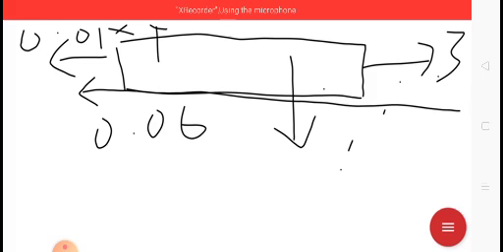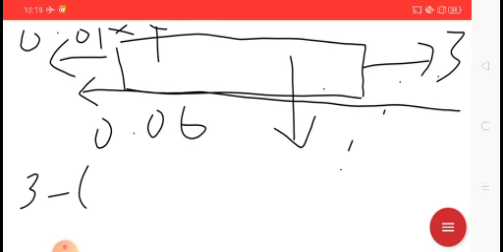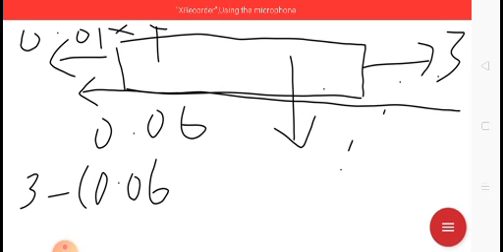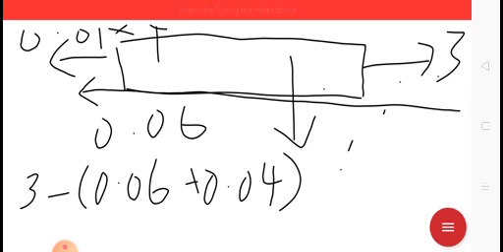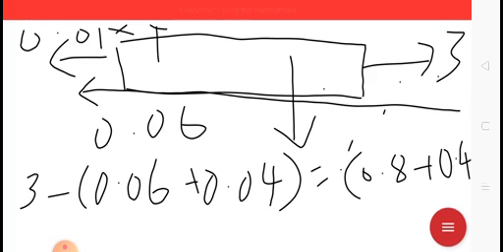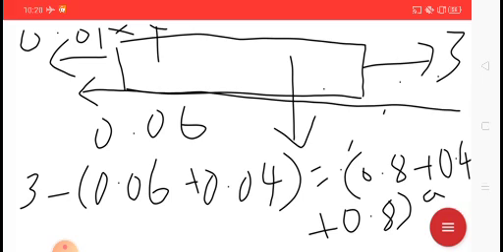So you may form a net force equation: 3 minus 0.06 minus 0.04 is equal to 0.8 plus 0.4 plus 0.8, times a.